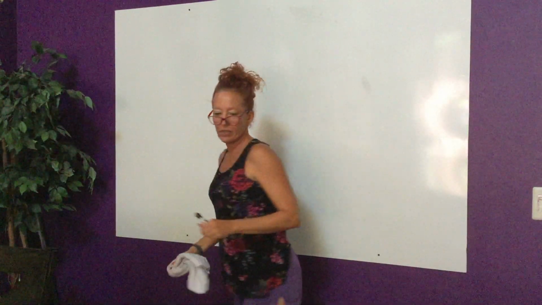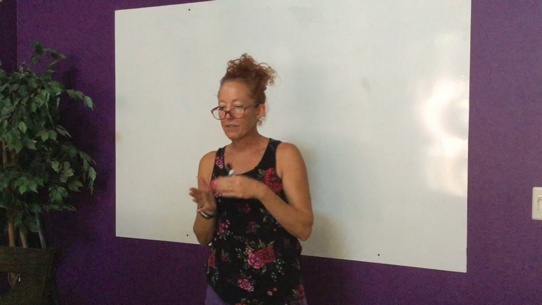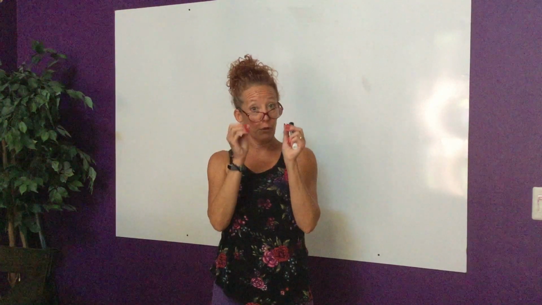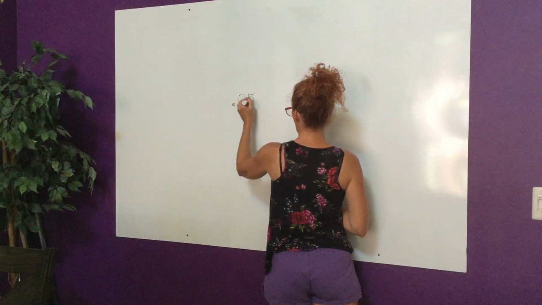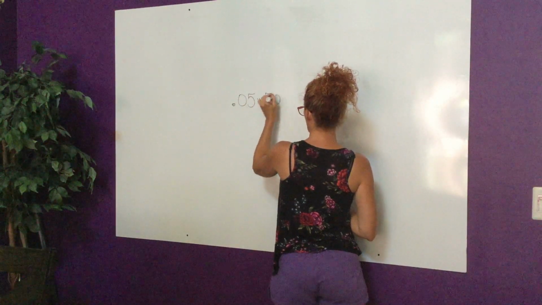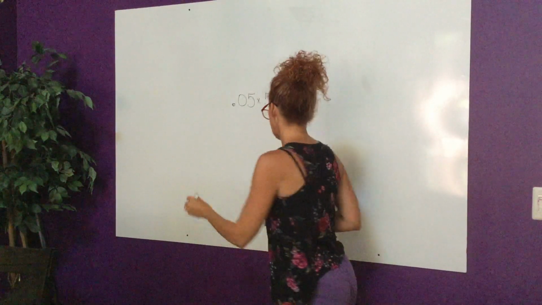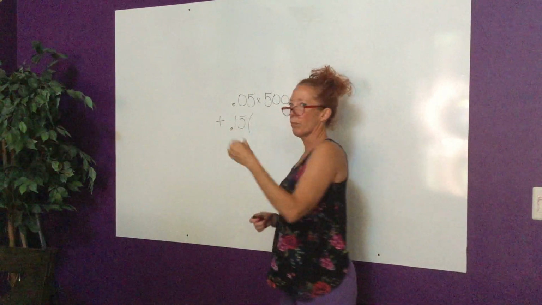I think the answer kind of speaks for itself, but let's go through it. He gets 5% on the first 5,000. So whatever those two numbers are that are given to you originally, 5% on the first 5,000, and then plus 15% on the rest.